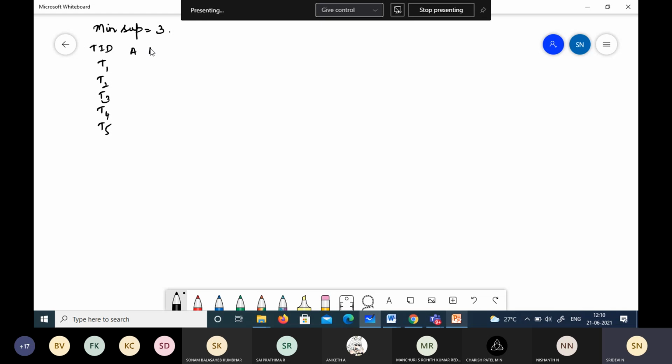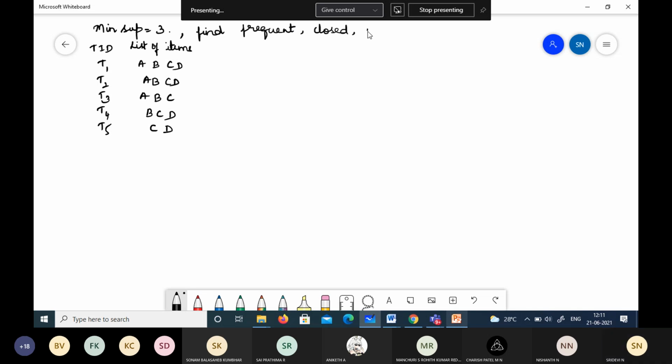We have items A, B, C, D. The transactions are A, B, C, D again, A, B, C, B, C, D, and C, D. And you are asked to find the frequent, closed, and maximal item set.